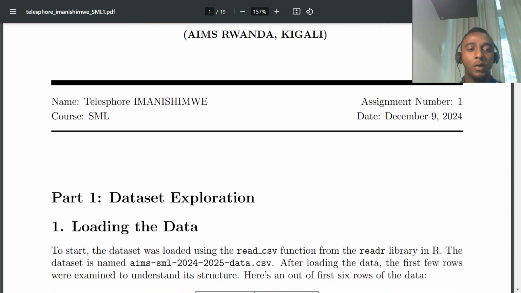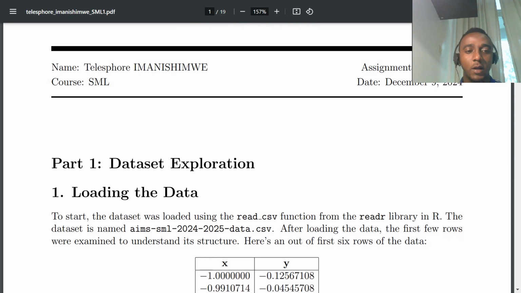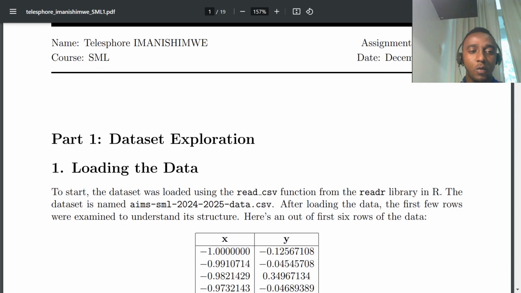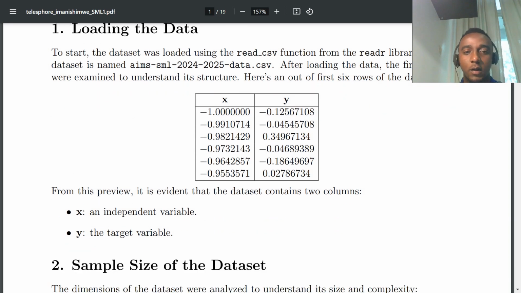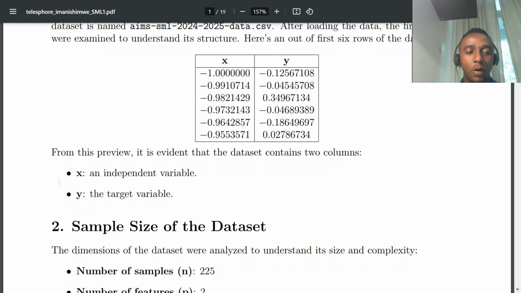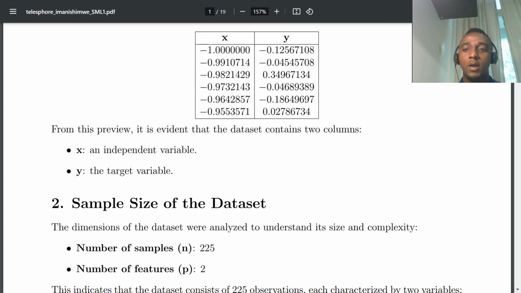Today we are going to talk about statistical machine learning model building for the assignment that I have done in machine learning. So first, I uploaded the dataset and printed out the head of the dataset, which contains x and y, where x is an independent variable and y is the dependent variable.